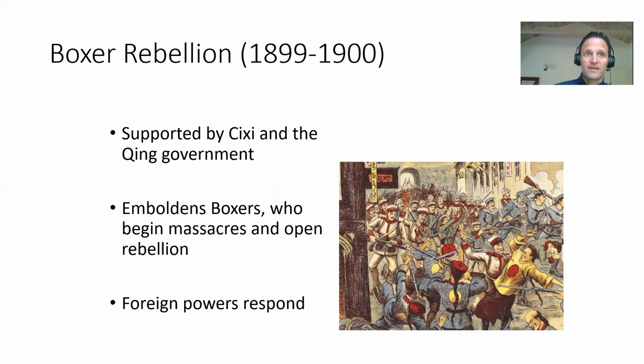So they revolt, they kill, they target Europeans, they target Chinese sympathizers, Chinese families and businesses that work closely with the European powers. And in response, the European powers bring a multinational army that includes the United States, and they quell this rebellion and basically increase their imperial control of China.